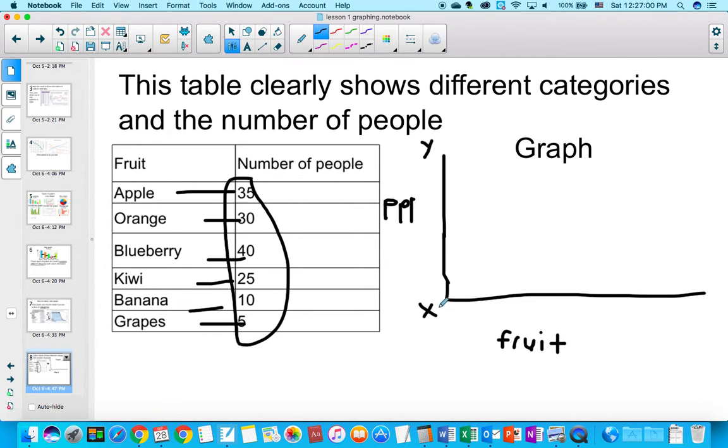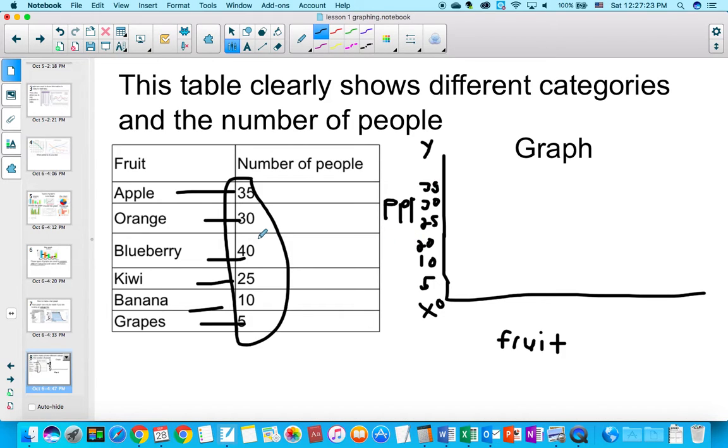You need to start at 0 at the corner and go up by, let's say 5s, because we have 5 here. So we go 5, 10, 15, 20, 25, and let's go 30 and 35.